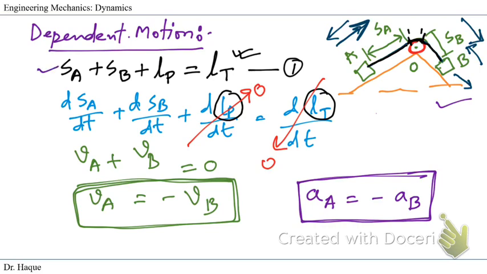Now let's move to a new concept, which is a little bit more complex than this, with more pulleys. In the previous one we had only one pulley. Now we'll see what happens if we have more than one pulley. So this is the ceiling, and there's one pulley down here, and then the rope goes upward.